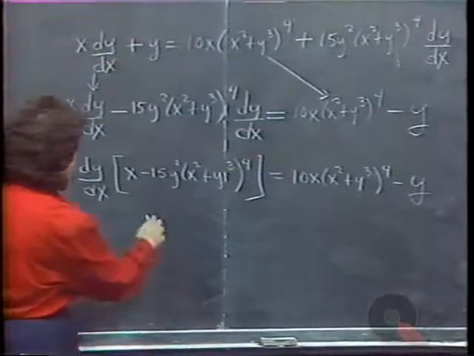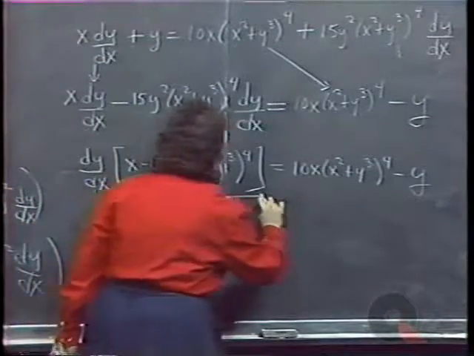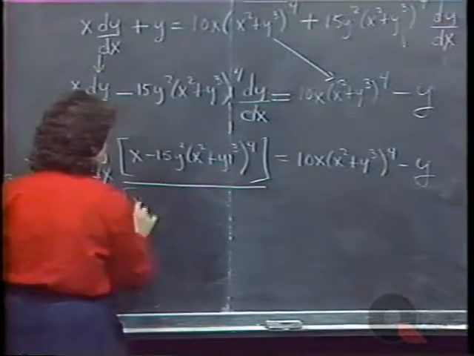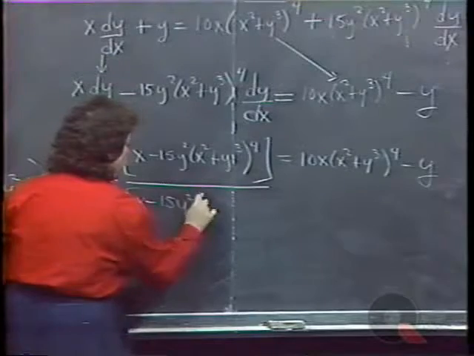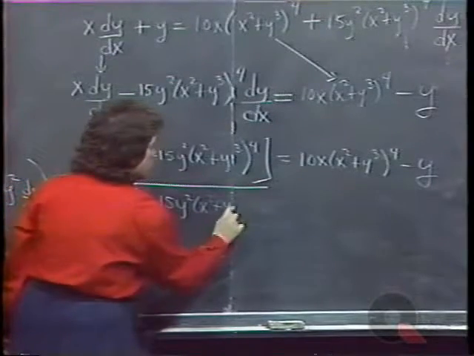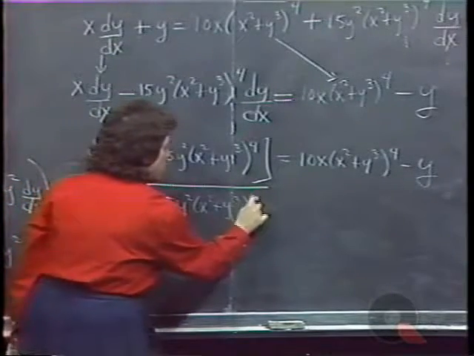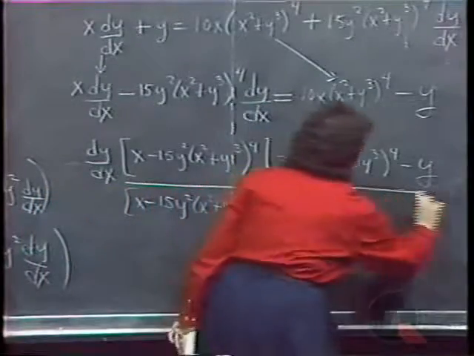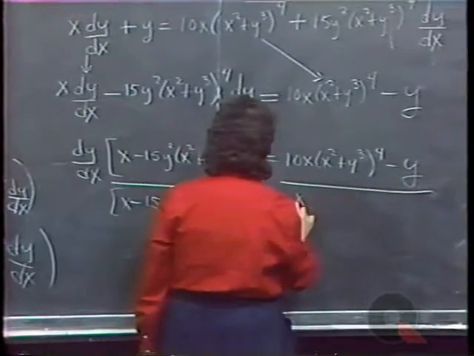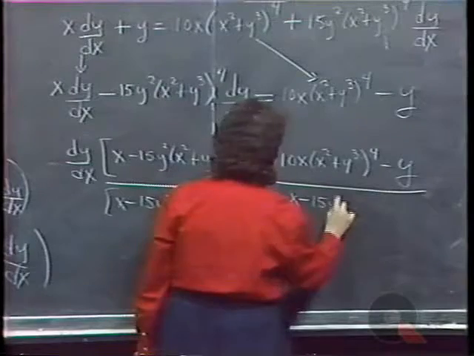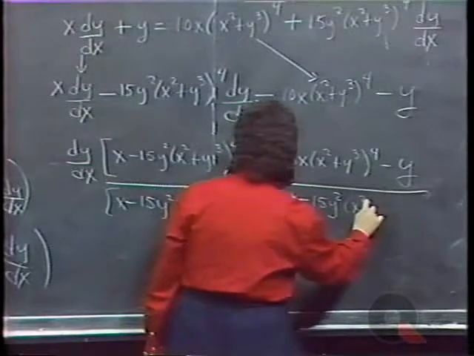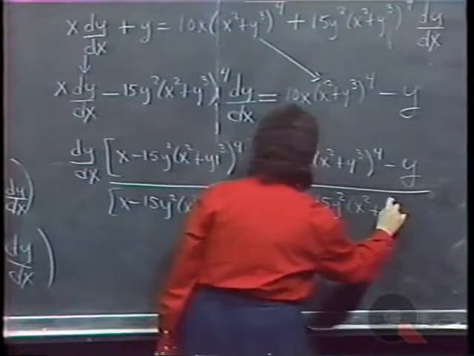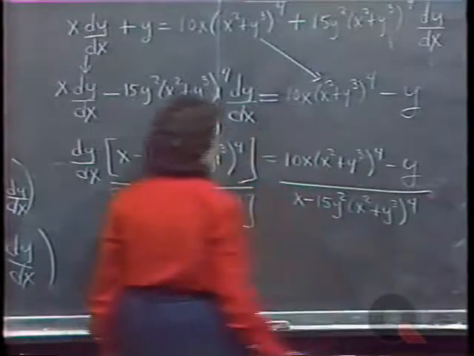And now finally, to solve for dy/dx, we will divide both sides by this, x minus 15y squared times (x squared plus y cubed) to the 4th. And over here, x minus 15y squared times (x squared plus y cubed) to the 4th.